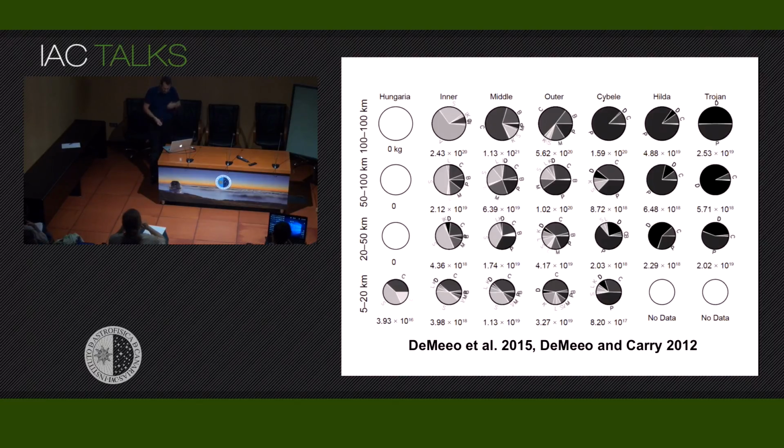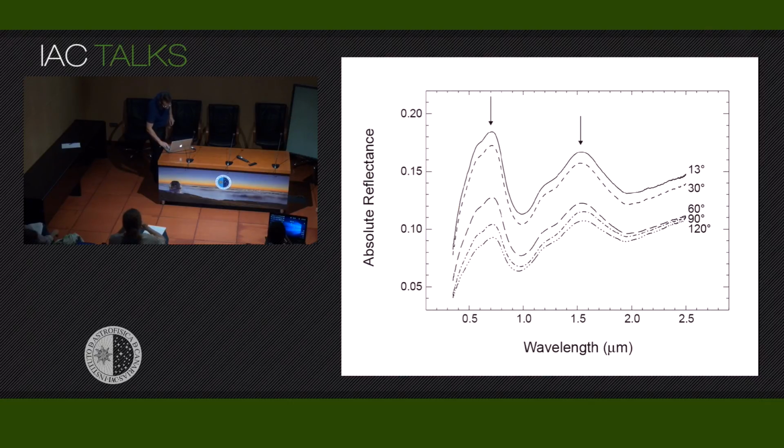Okay. So now let's move ahead and look at some more detailed spectral dependencies. Okay, so first of all, there is a well-known phenomenon on the spectra that there is the so-called phase reddening. So if you change the phase angle, this was the phase angle alpha here, you increase it from 13 degrees to 30, 60, 90, 120 degrees.